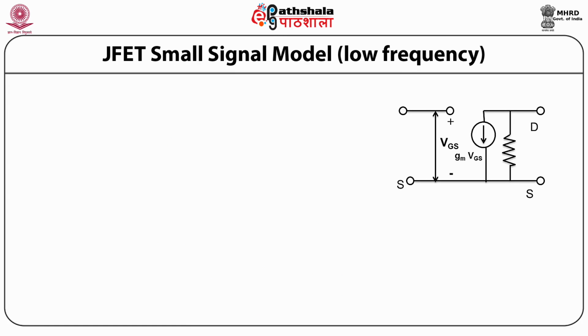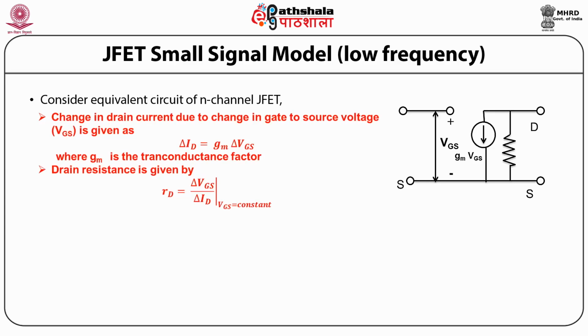So let us now discuss the JFET small signal model at low frequency. Consider the equivalent circuit of N-channel JFET, that is, the change in the drain current due to change in the gate to source voltage V_GS is given by delta I_D equal to g_m multiplied by delta V_GS, where g_m is the transconductance factor as shown in this figure.